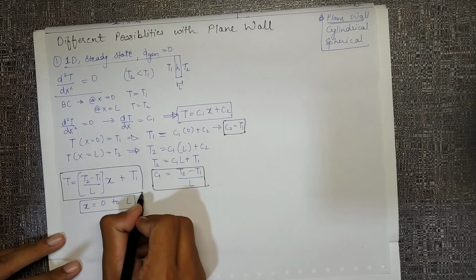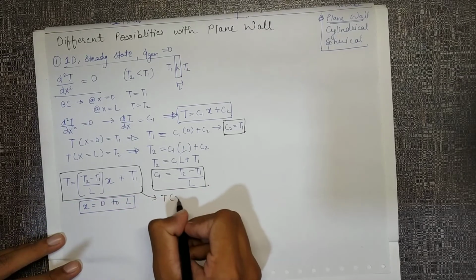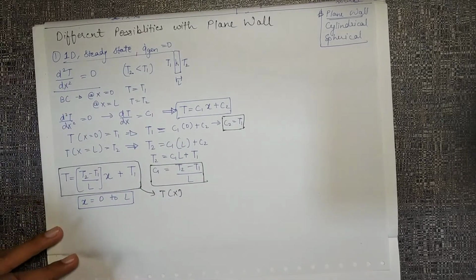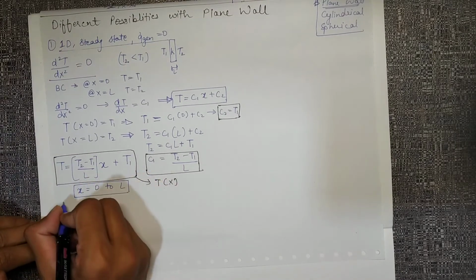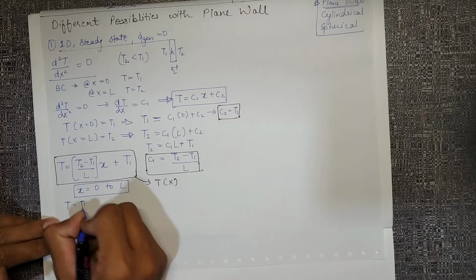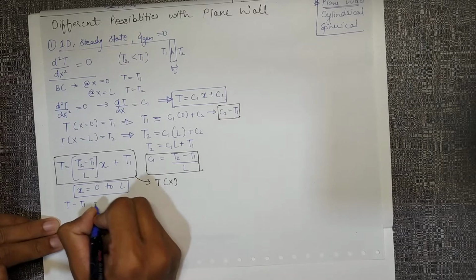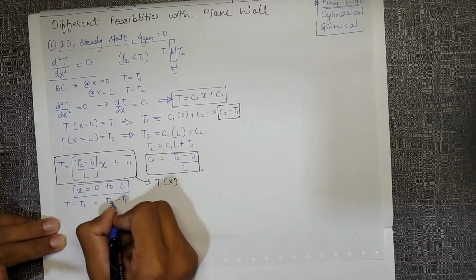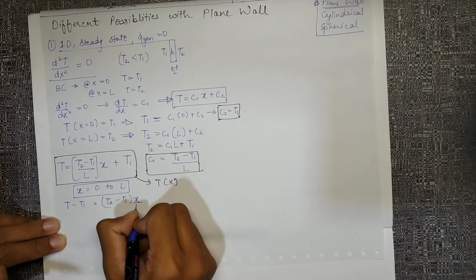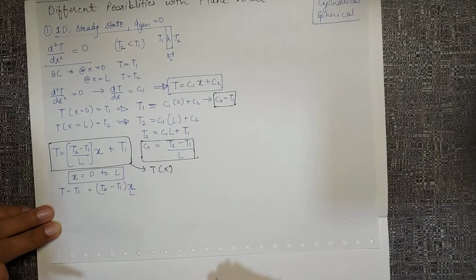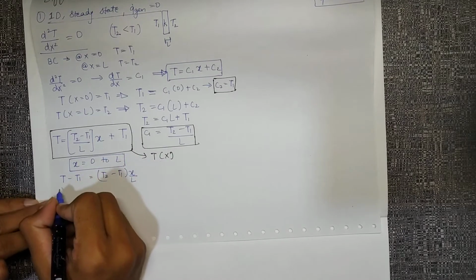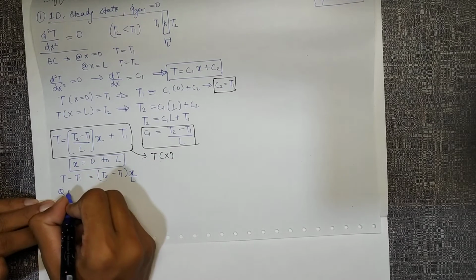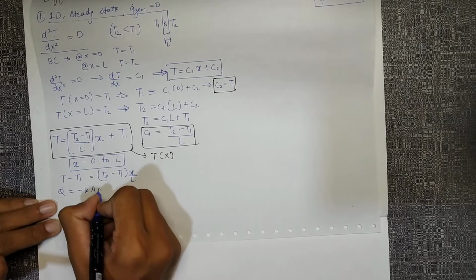This is called Tx. Now I can rearrange this and get T1 minus T is equal to T1 minus T2 into x by L, and using Fourier's law, my q dot is equal to minus KA dT by dx.